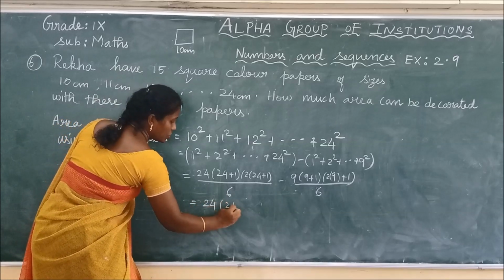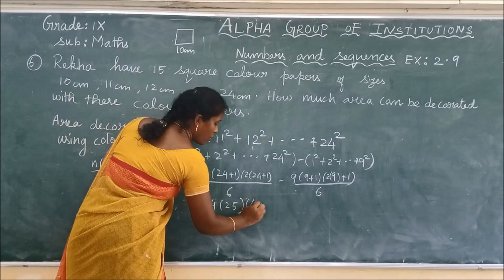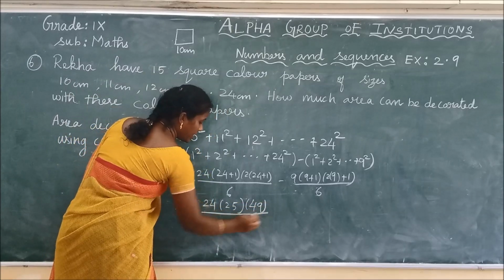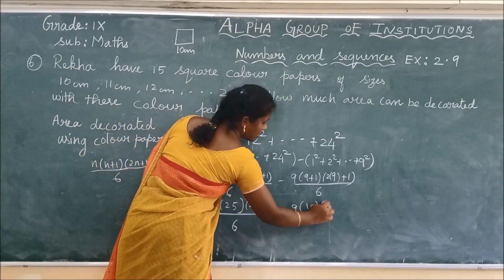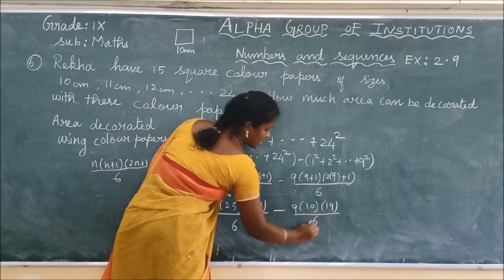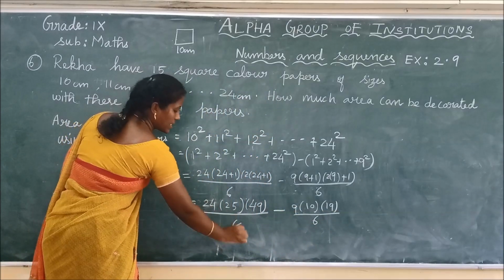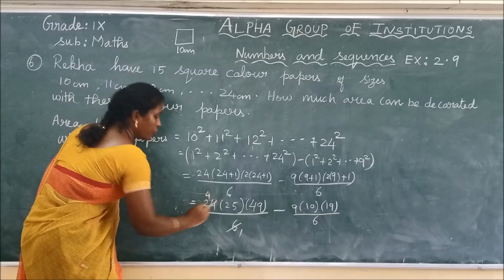24 into 25. 2 into 24 is 48. 48 plus 1 is 49 by 6, minus 9 into 9 plus 1 is 10, and 2 into 9 is 18, 18 plus 1 is 19 by 6. If you simplify by 6, 6 4s are 24, so 4.